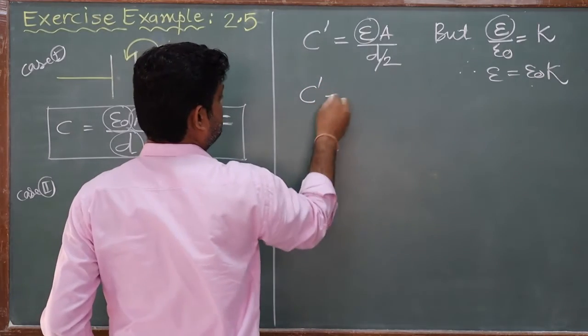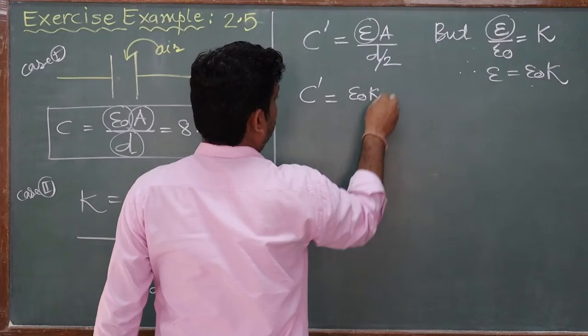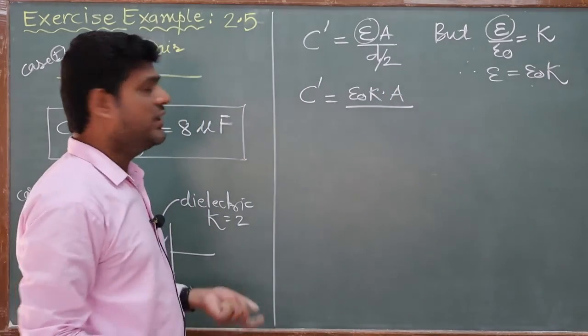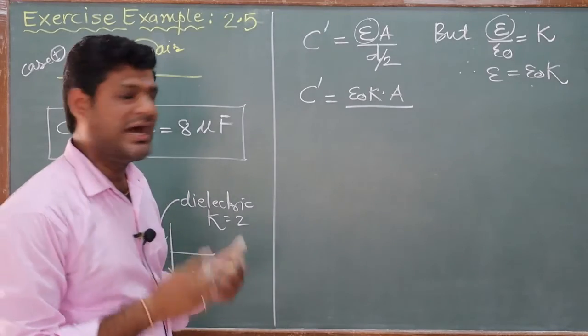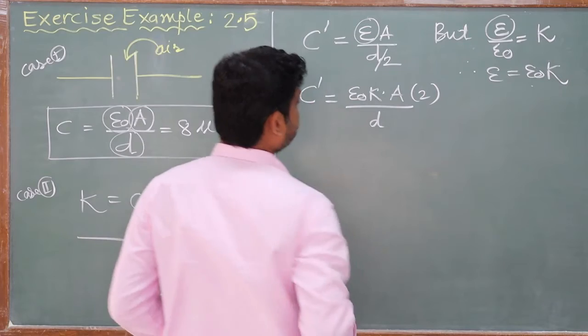So the new capacitance C dash equal to epsilon 0 K into A. The area of the plates remains constant, only the distance between the two plates is half, so that's why it becomes D by 2.